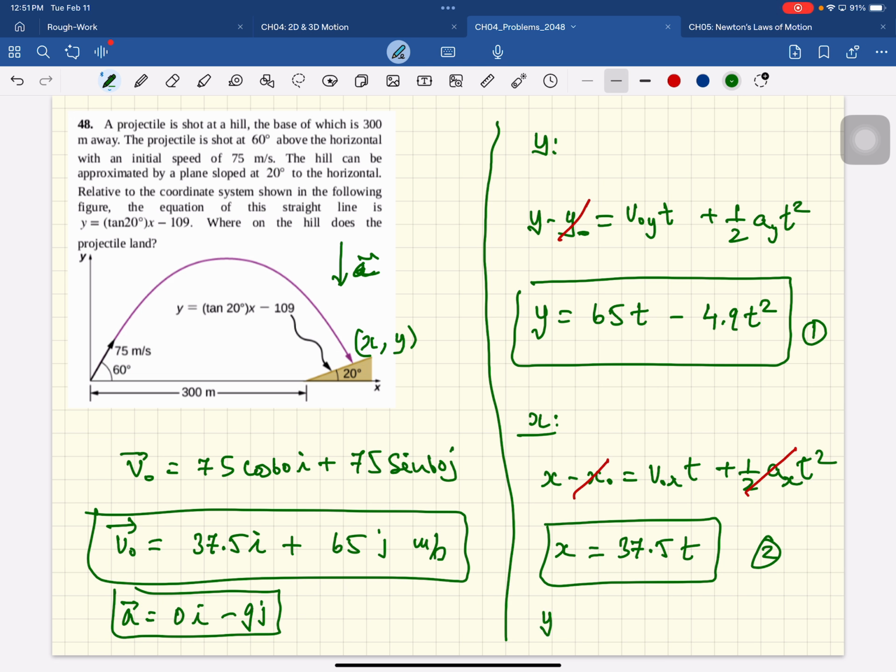So x and y lie on that line, and tan 20 is 0.36, so y is 0.36 x minus 109.